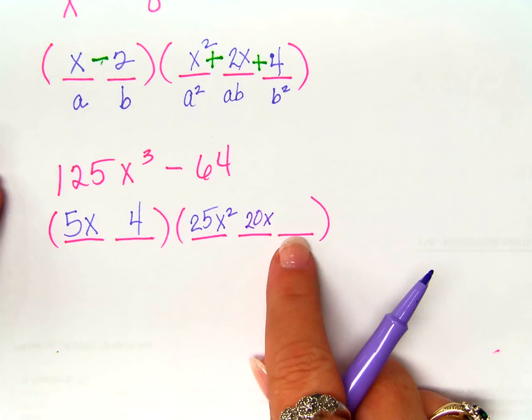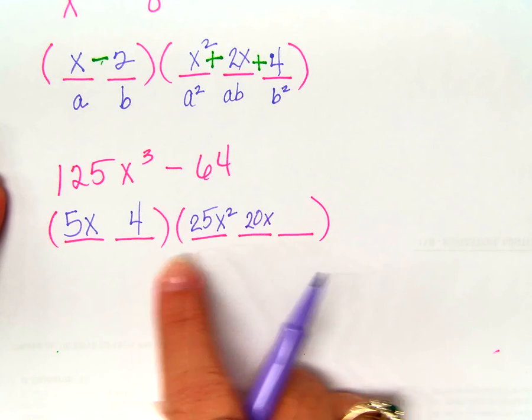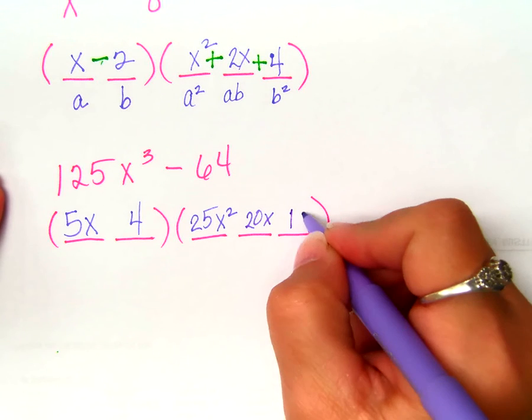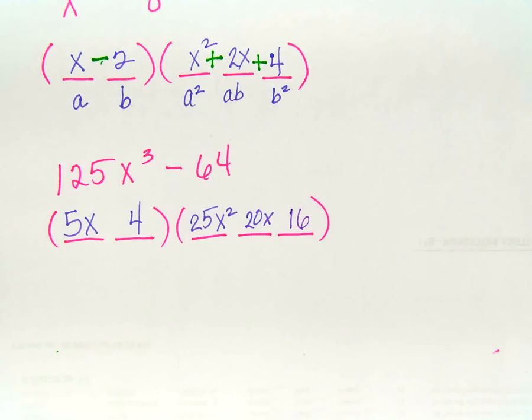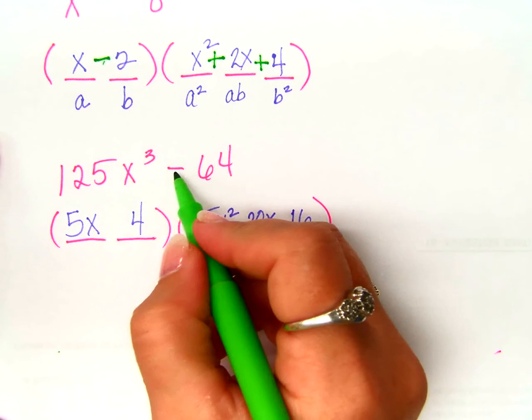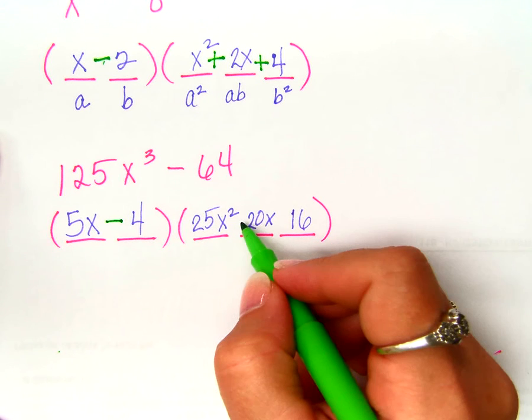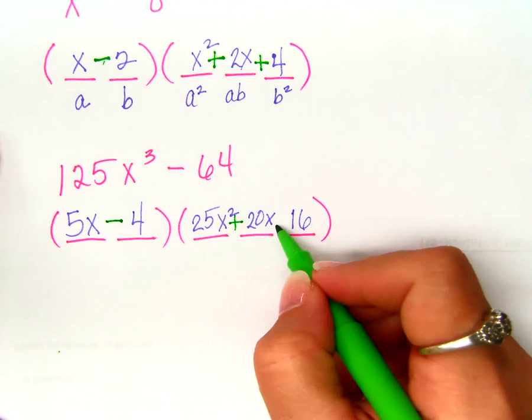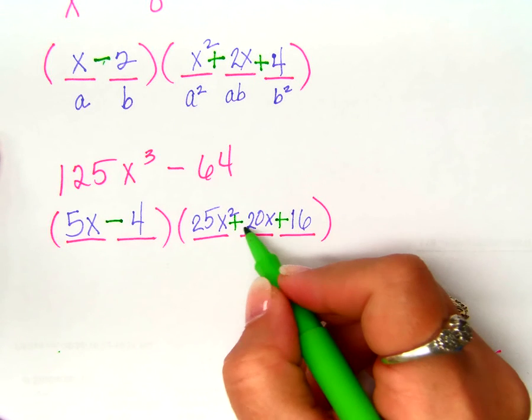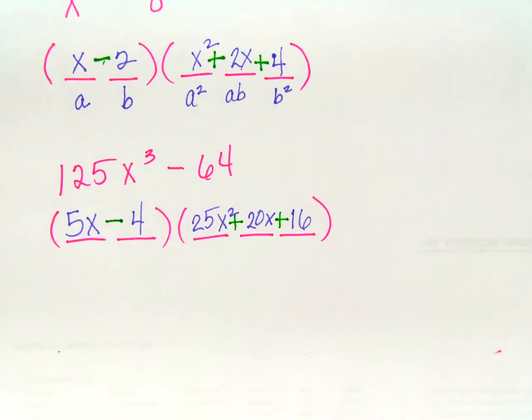And how do I get the last term in the trinomial? It would be b squared, which in this case is 16. What's left to do? The signs. What's the sign in the problem? Then that goes in the binomial. Plus, plus. This one's opposite of the first one, and the last one's always plus, right?